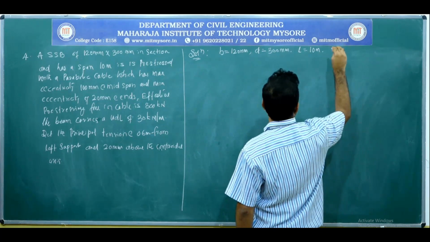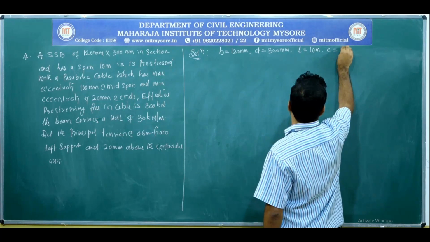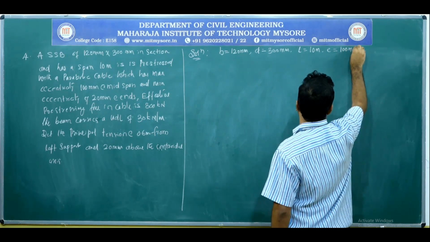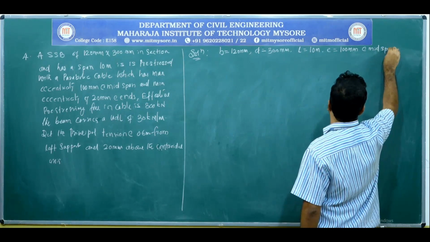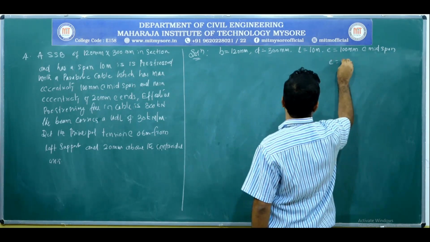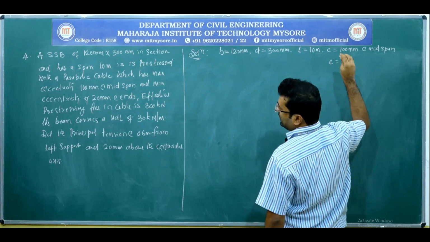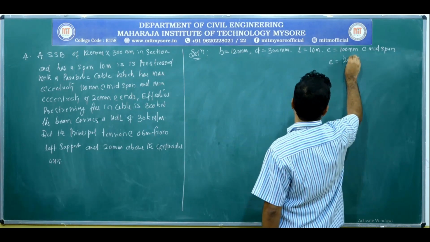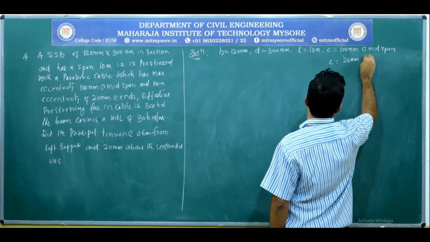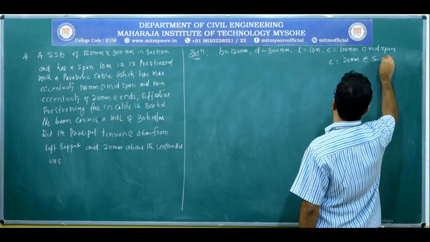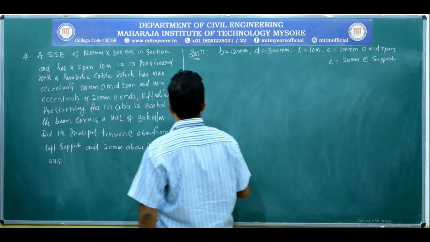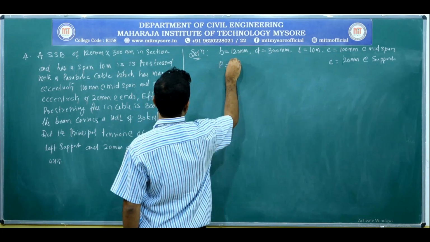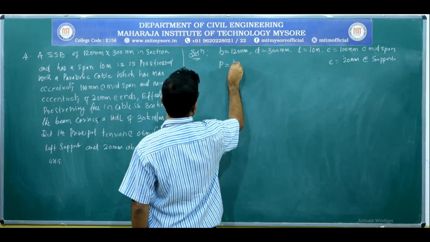The eccentricity is 100 millimeter at mid span, and 20 millimeter at supports or at ends. Then, they have given the prestressing force P as 300 kilonewton.